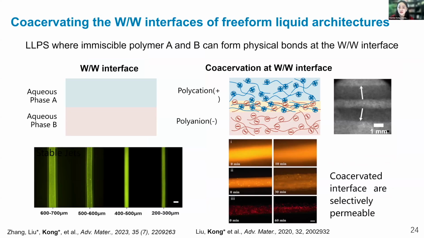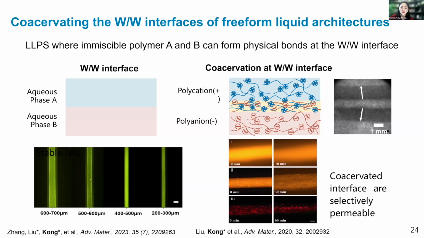And building on this strategy, we can also make the surface coacervates, so that we incorporate charged polymers, such as positively and negatively charged polymers, into the two aqueous phases. Due to the electrostatic interaction between these polymers, they can cross-link at the water-water interface, and the cross-linked structure can not only stabilize the structure, it can also support cell growth.